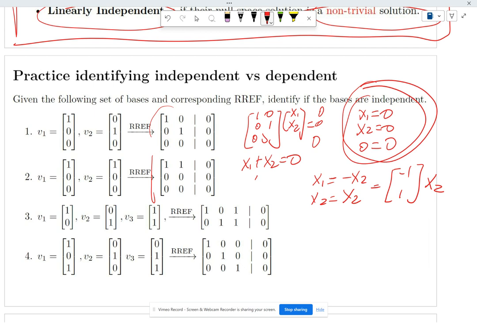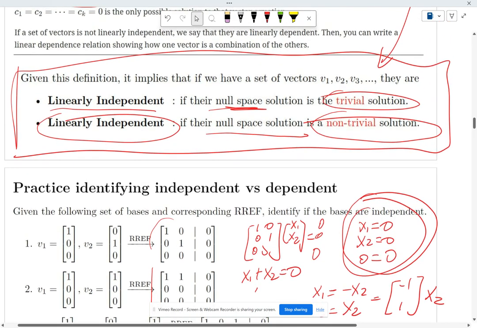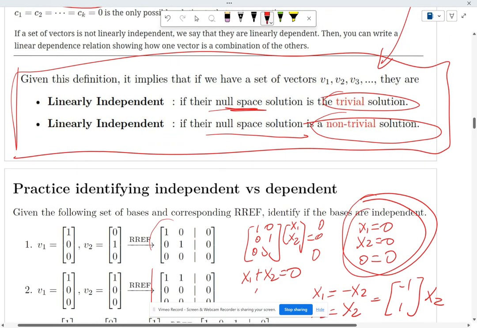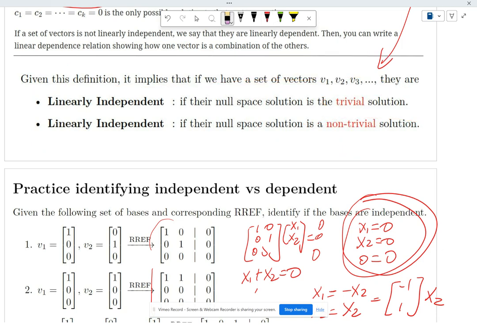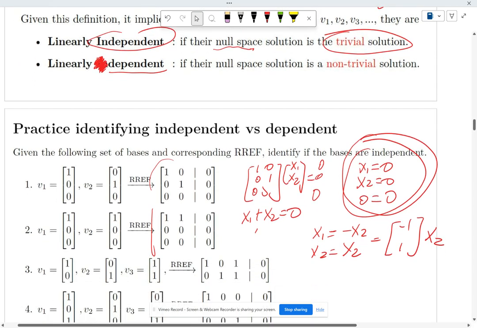Therefore, they are dependent. Did I write independent both times? Oh, great. I need to go back and change this. Let me make sure this one is correct. If their null space is the trivial solution, then they're independent. So this one is dependent. Sorry, this one is dependent. I need to make sure I go back and change that.